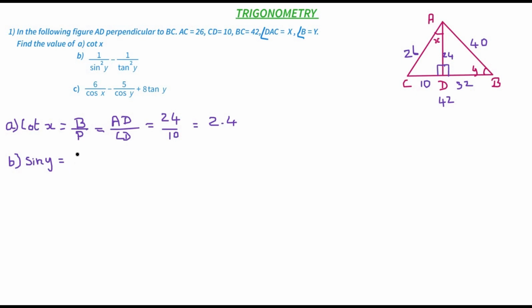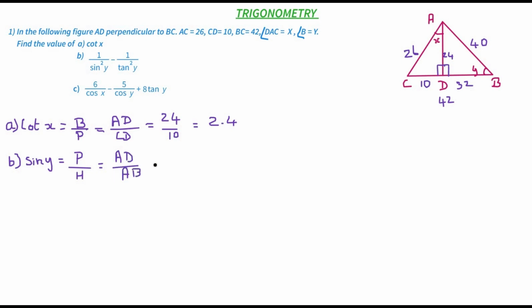So what is the formula for sin y? Sin y is perpendicular by hypotenuse. So here what is the perpendicular? So the reference angle y, here our perpendicular side is AD, and our hypotenuse is AB. So you have to always see the reference angle. So our perpendicular is AD by what is our hypotenuse?